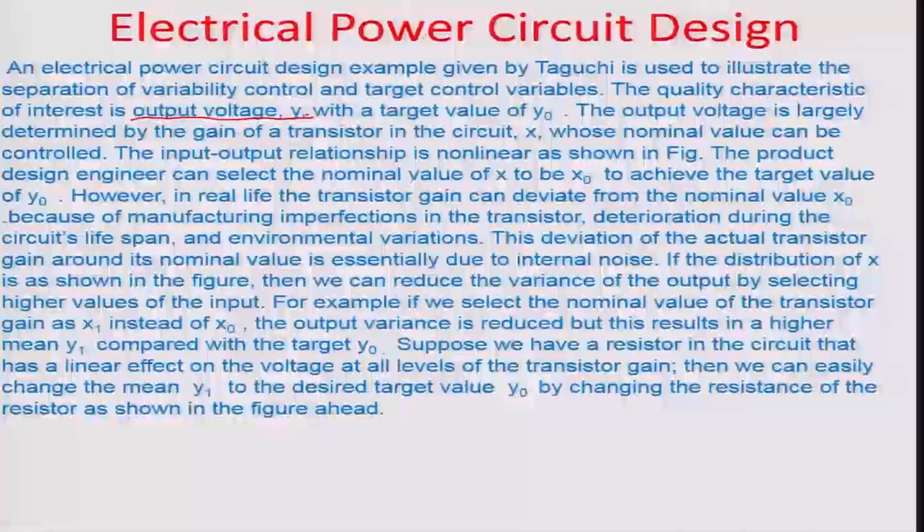Let us call the output voltage Y in this particular case, and there may be a target value for this transistor output voltage. The target value Y0 is set for output voltage Y, and Y could be away from Y0, as you know, because of process variabilities.